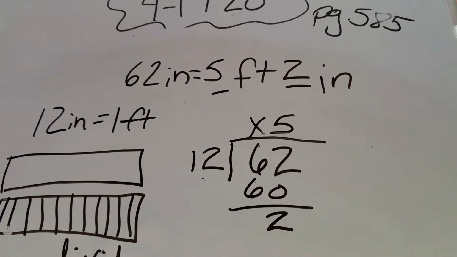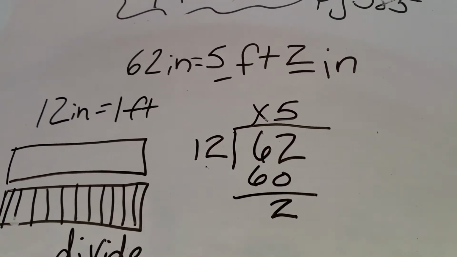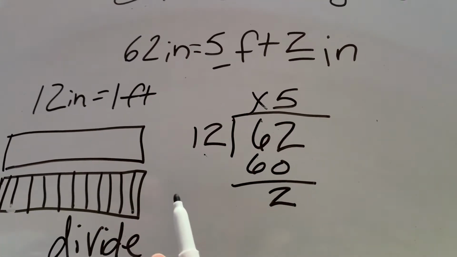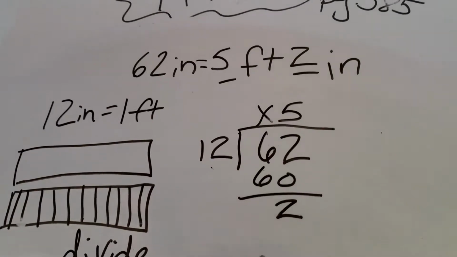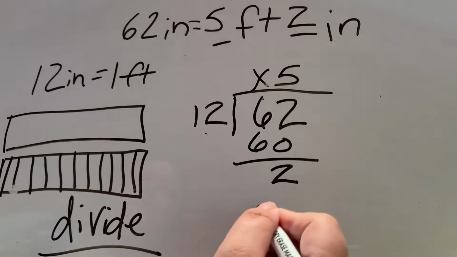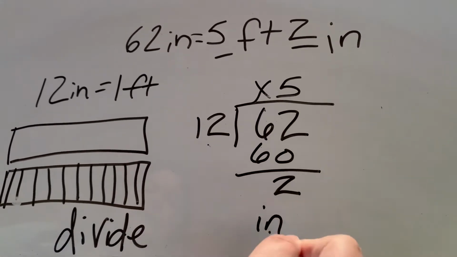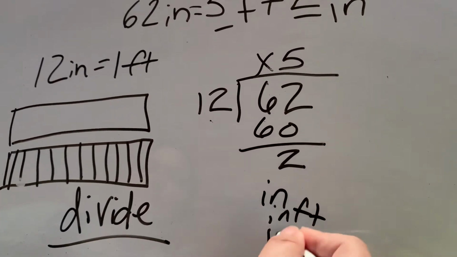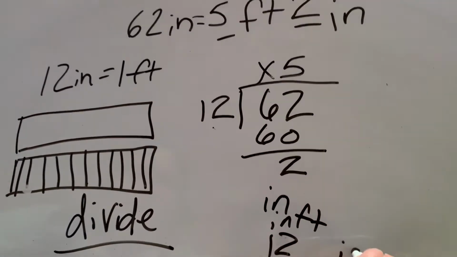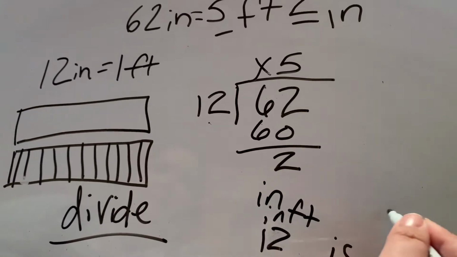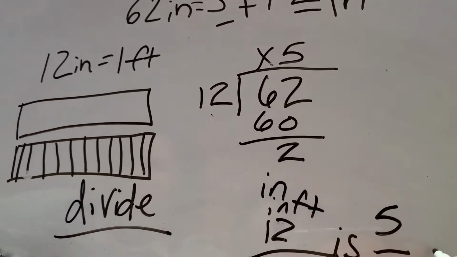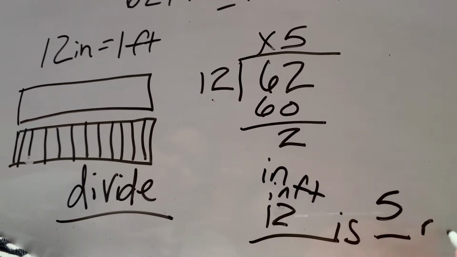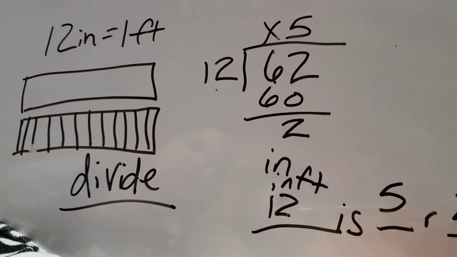Now, we kind of skipped over step number 2. Just for your information, under the inches in feet blank, you would put 12 into 62 is 5, with a remainder of 2.